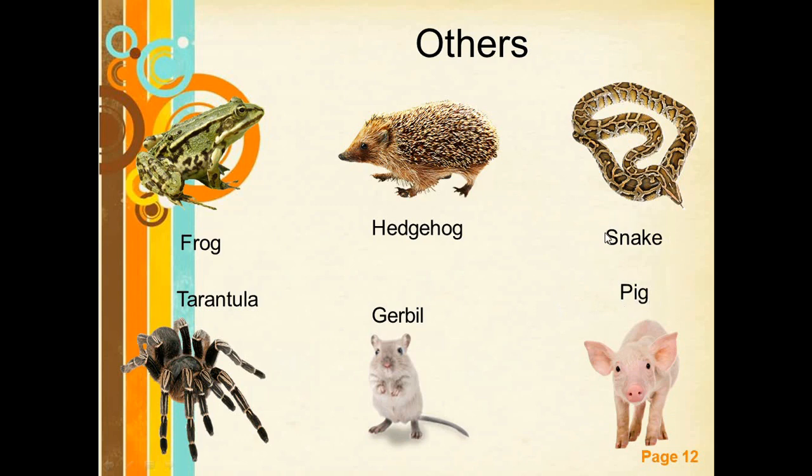Let's focus on the pronunciation of these two here. I often hear people confuse the words snake and snack. In particular, often I will hear people say, I'm going to eat a snake. And they mean snack. It is important to get the pronunciation correct because most people don't like eating snakes. This one is pig.